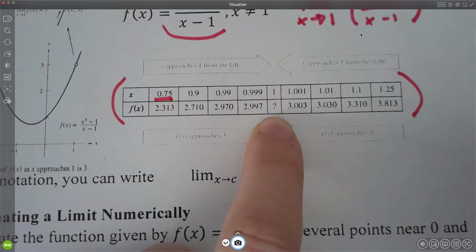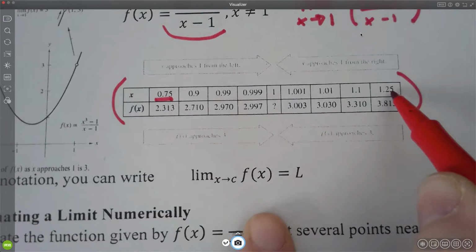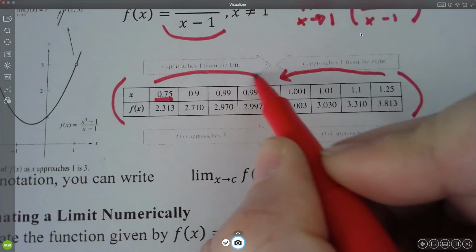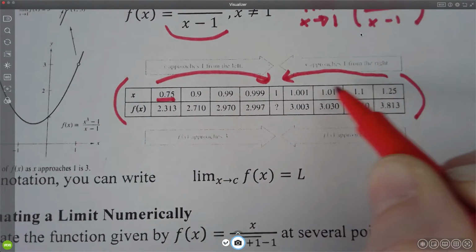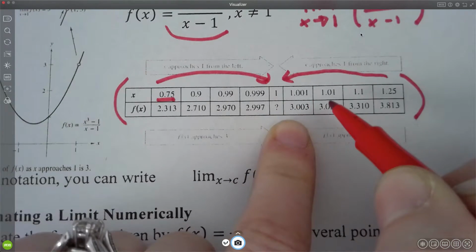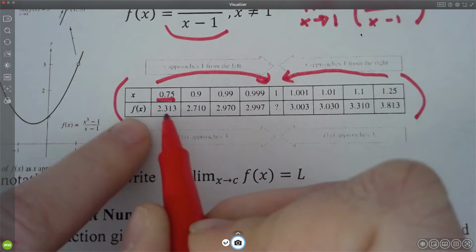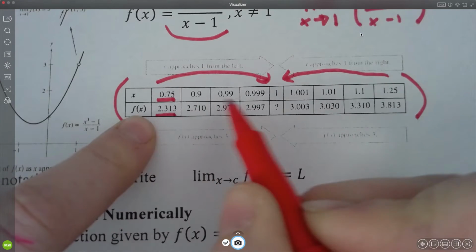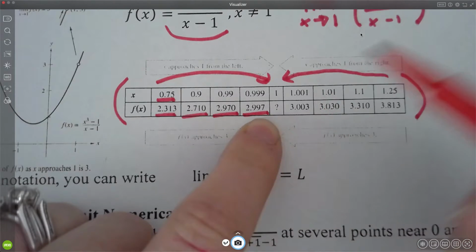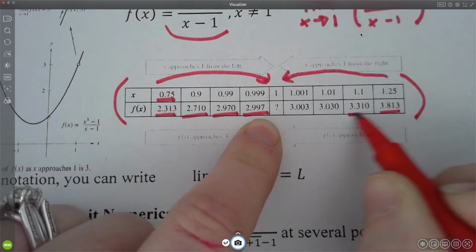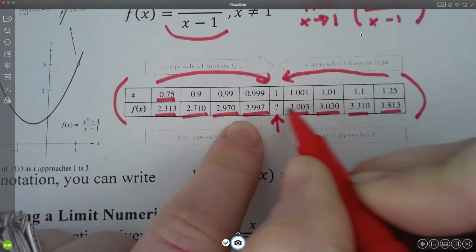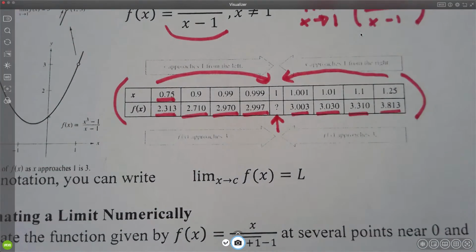And then they started out here with 1.25, and as they go in toward 1, the last number they plugged in is 1.001. And so what we can see here is 2.313, 2.710, 2.97, 2.997, and then coming in from the right side, basically each one of these numbers on either side is pinching in toward the number 3.